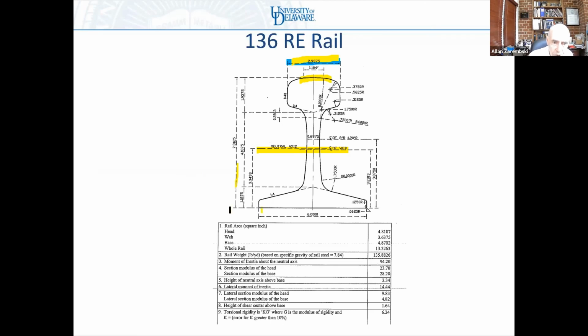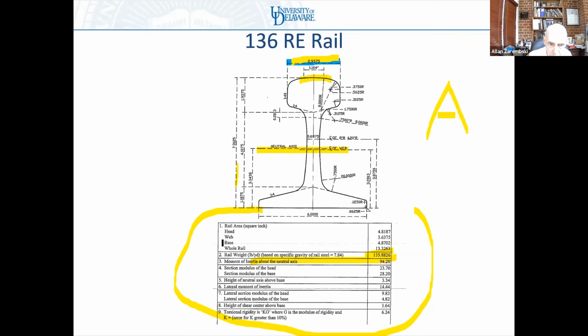This is a typical set of standards that's tabulated. You can see the moment of inertia, the weight, the areas of the head, web, base, and the whole section. So remember the A that we used for the thermal loads, EA alpha delta T. This is the area of the rail. Section modulus of the head is basically I over C. Lateral moment of inertia is the moment of inertia around the y-axis.